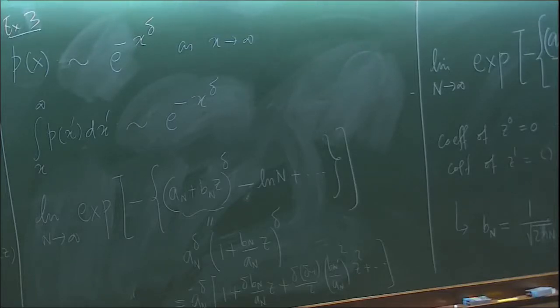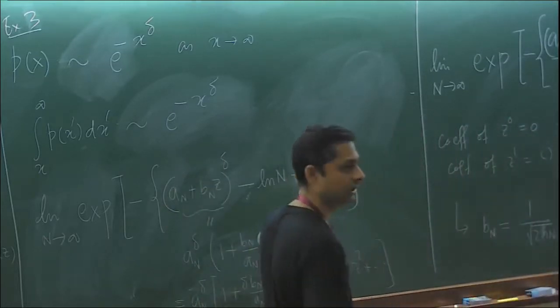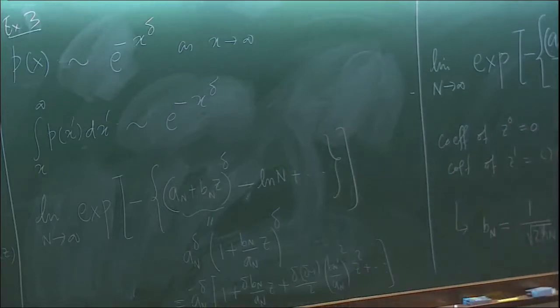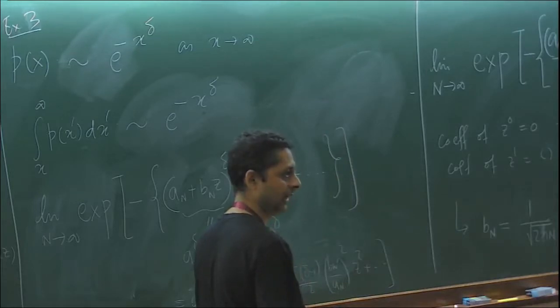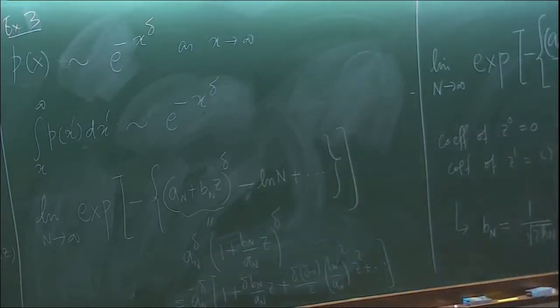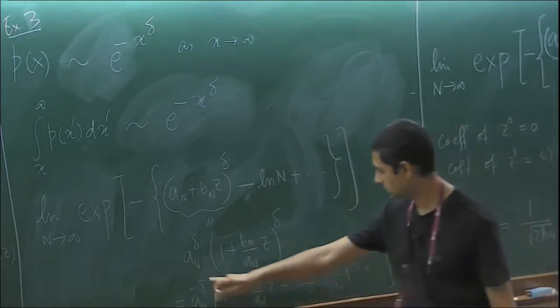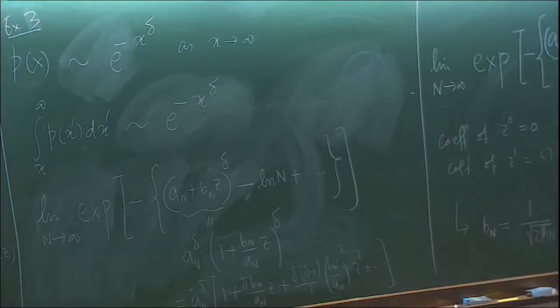If we choose an equal to log n to the power 1 over delta, then an to the power delta is like log n. And what is bn? We have to choose the coefficient of this term to be independent of n. So an to the power delta minus 1 times delta bn should be independent of n. I can just set it to 1, right? So now this gives me bn.